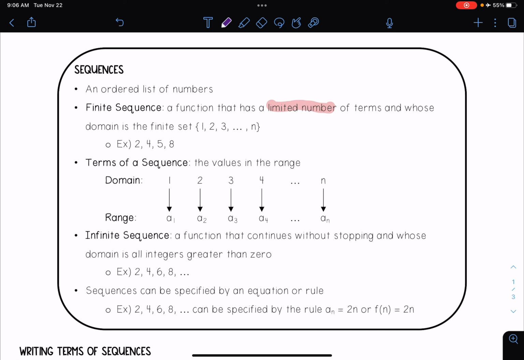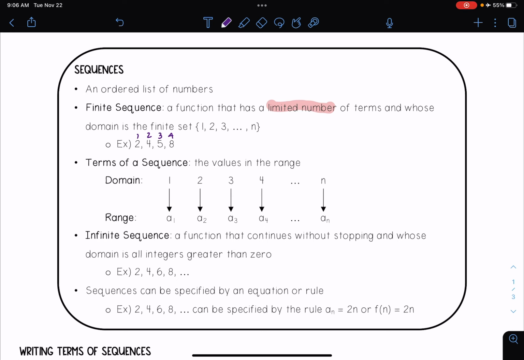So for example, a finite sequence would be the sequence 2, 4, 5, and 8. This one, the domain is just 1, 2, 3, 4, because that is the amount of terms that we have. And the terms of the sequence are the values in the range.